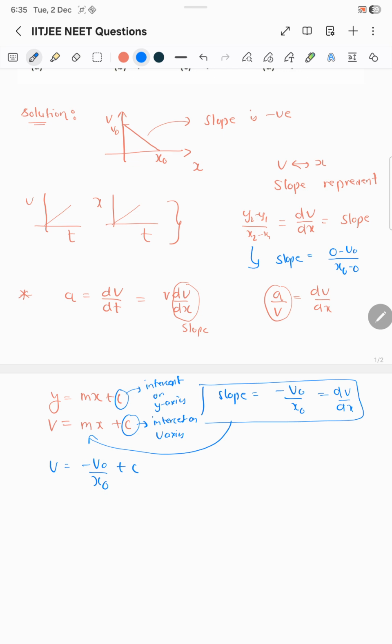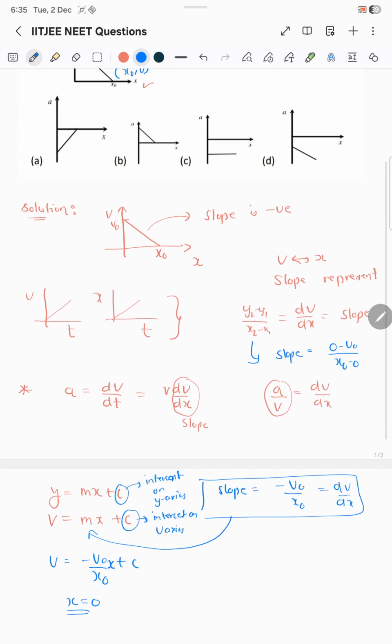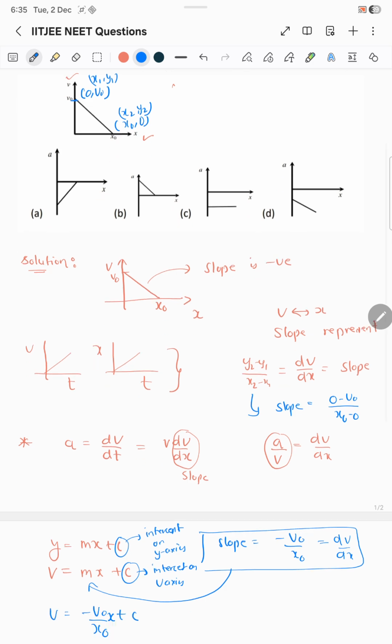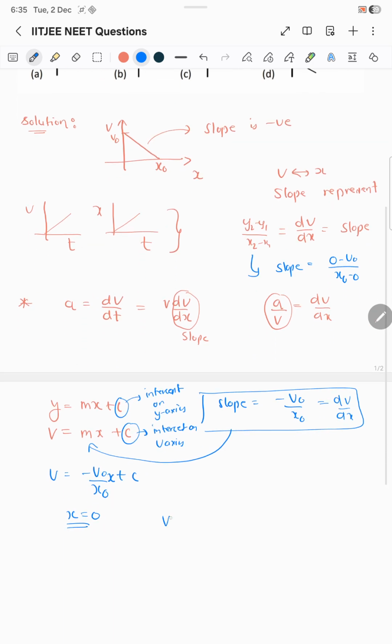To find c, the intercept on the v axis, we'll put x equal to 0. So at x equal to 0, or you can directly see from the graph where it touches the y axis, you can find that it will be v naught. So c will be v naught.